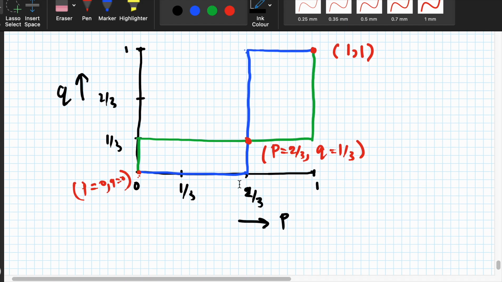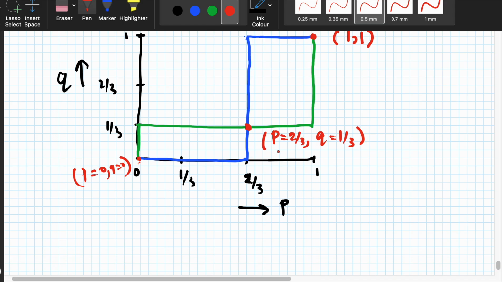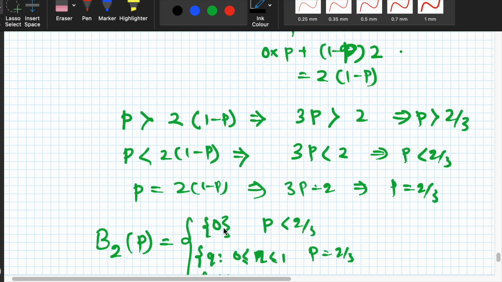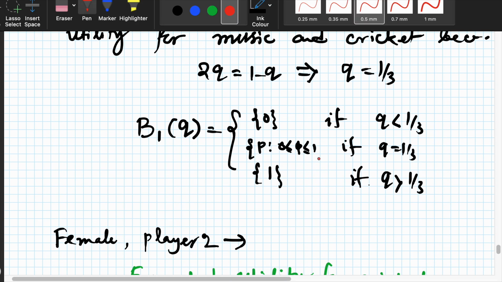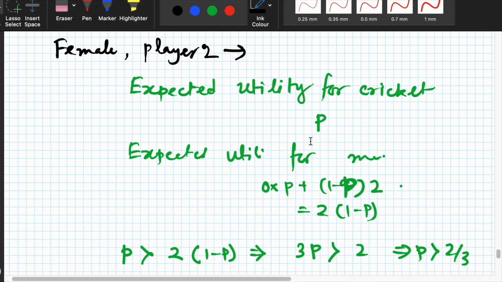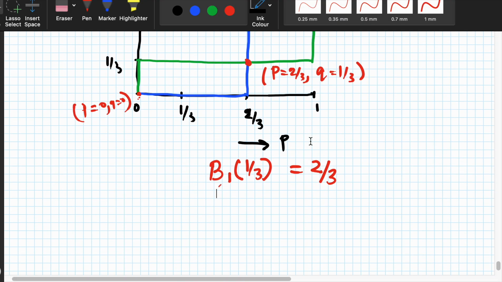Now why is it so? Because we have to show that at this point, the best response of player 1 to 1/3 is 2/3. Yes, 2/3 is the best response, because if I put 1/3, any value of p is a best response, so 2/3 is a best response.